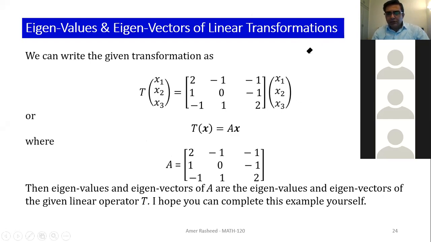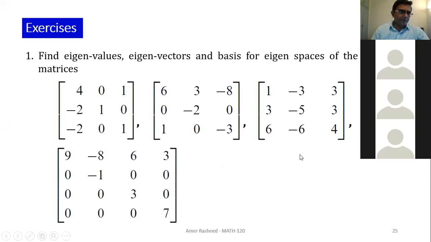Now, let's go to the next slide, which is slide 25. I have given some exercises for you to do yourself for your practice. You have to find the eigenvalues and eigenvectors, and you need to find a basis for the eigenspaces for the following matrices.